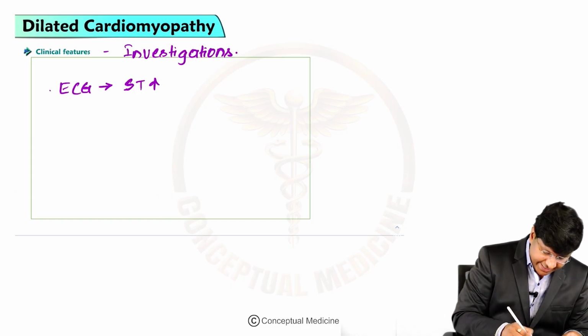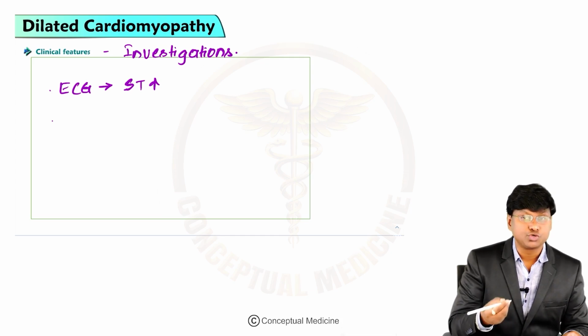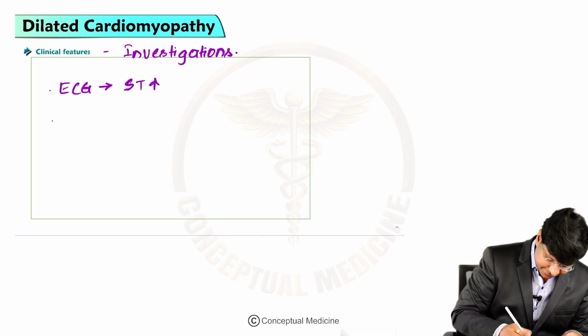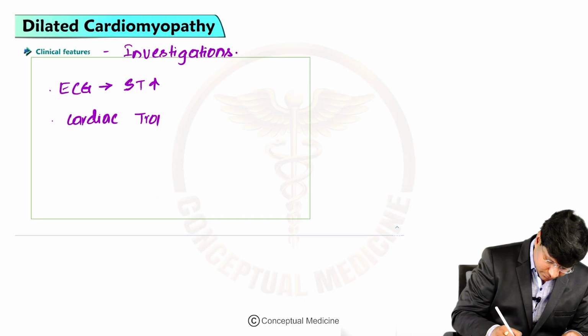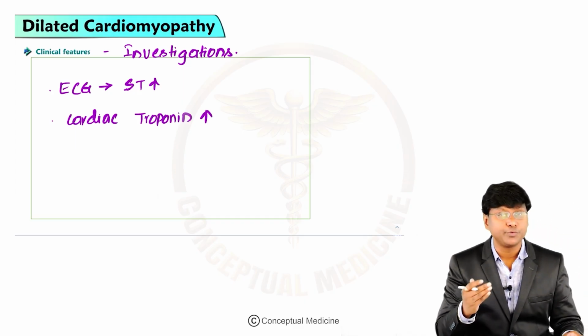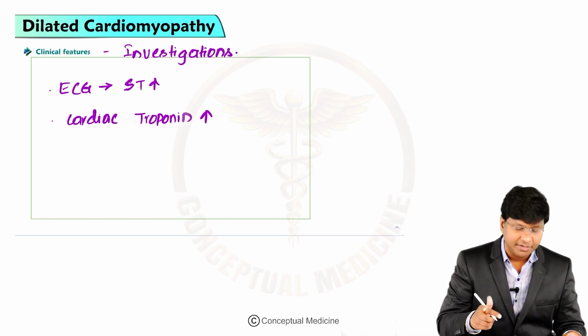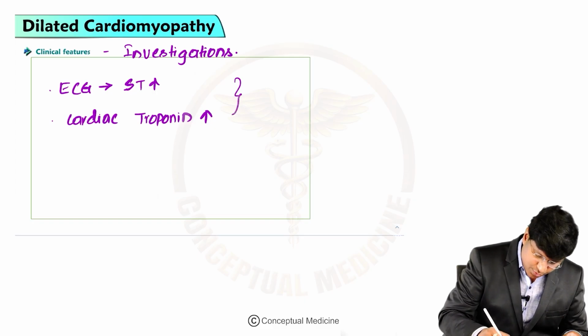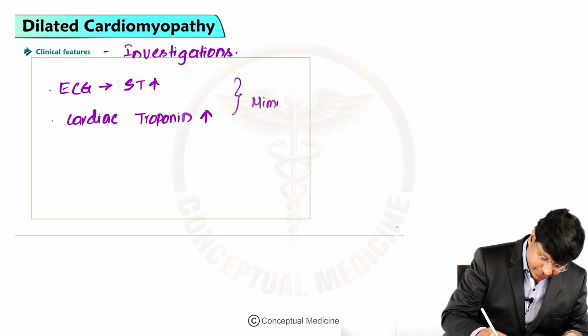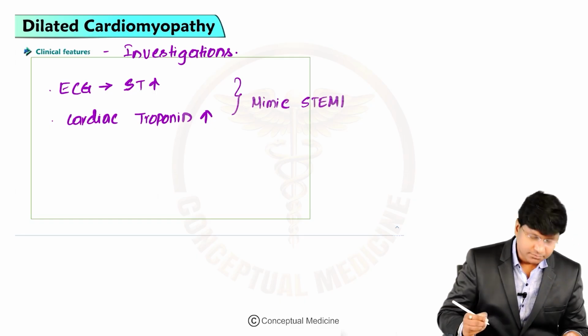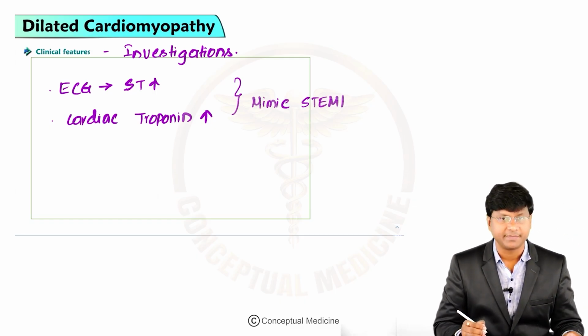If you take the cardiac biomarkers, the cardiac troponin levels will be elevated. So this ST segment elevation as well as elevated troponin will mimic ST elevation MI.